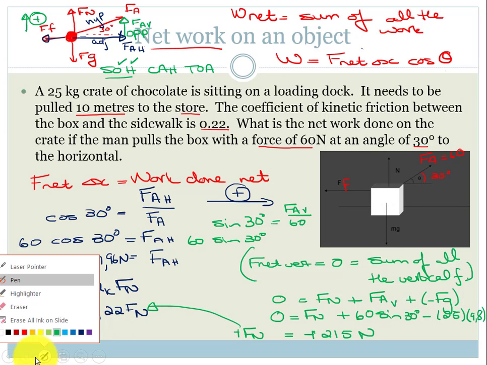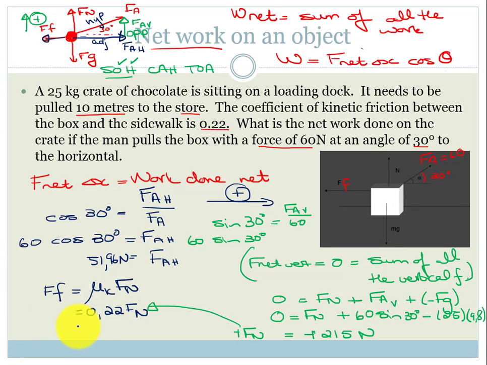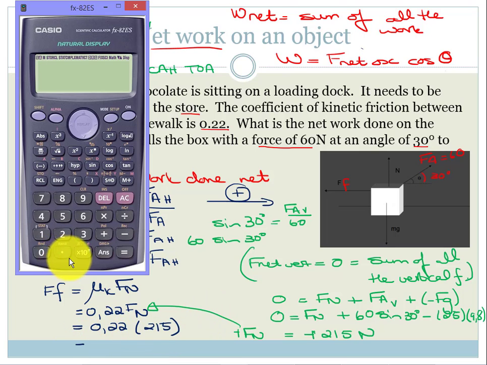So let's go back to blue. So we can say the force of friction is 0.22 multiplied by 215. And then again, we need our calculator. So we're going to go 0.22 times 215 equals 47.3.